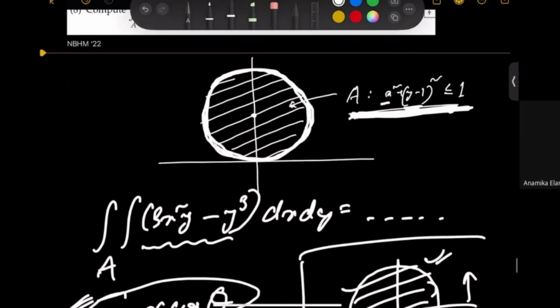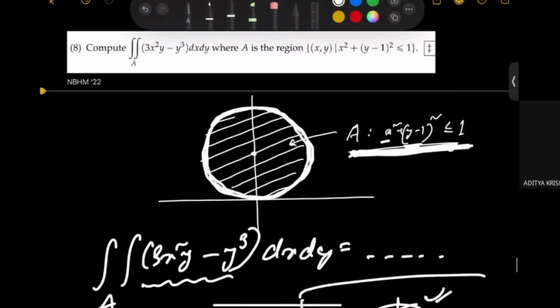Or how we took the limits of r and theta? The r was this disk, right? Just look at the region, how A is defined: x squared plus y minus 1 squared less than or equal to 1. So it's a disk centered at (0, 1), and it has radius 1. This point is (0, 1).